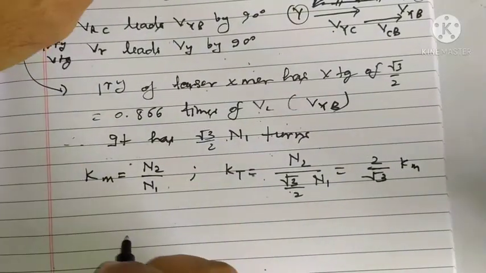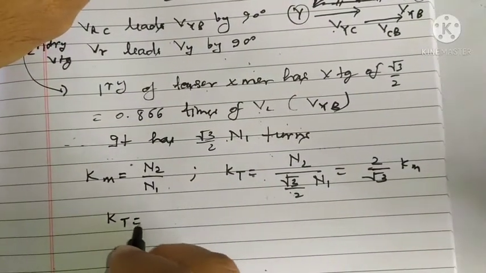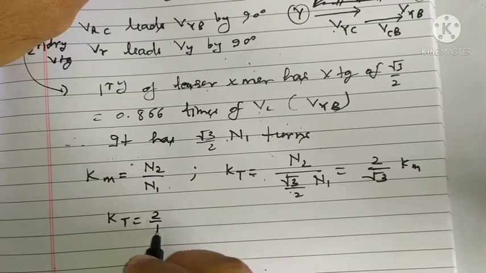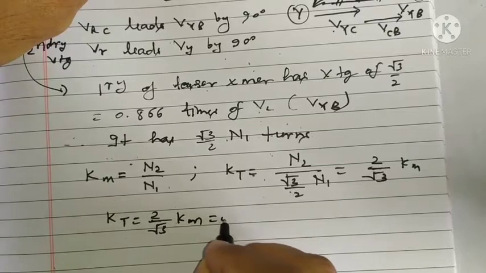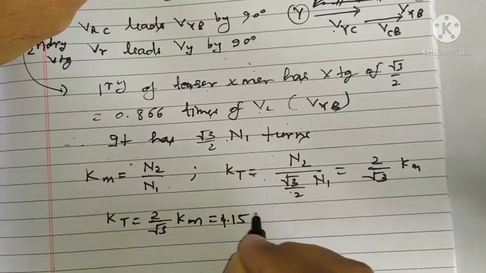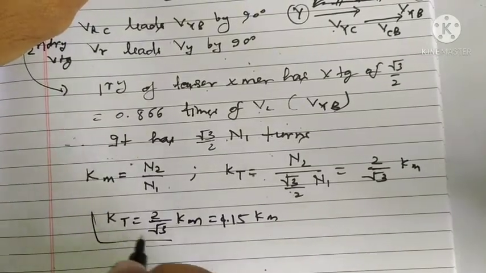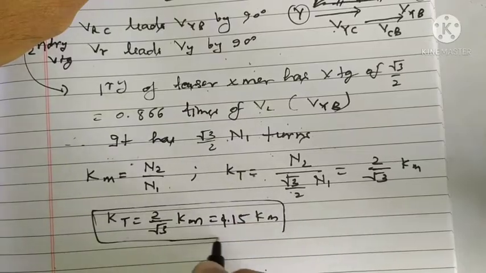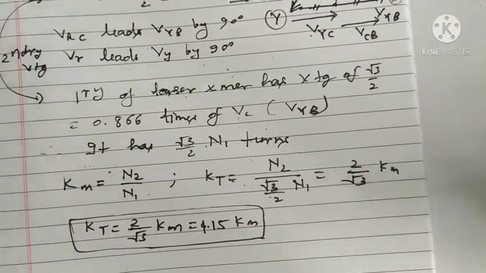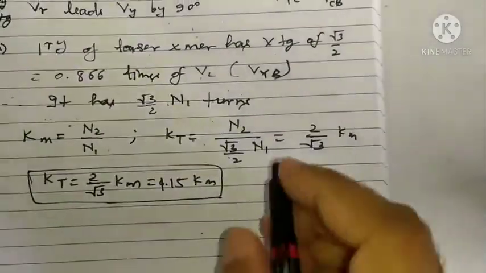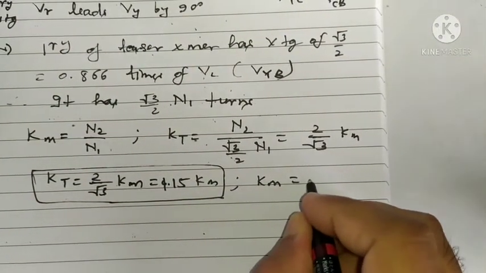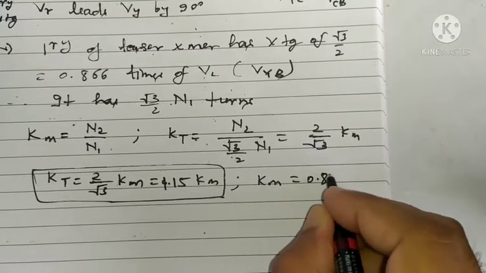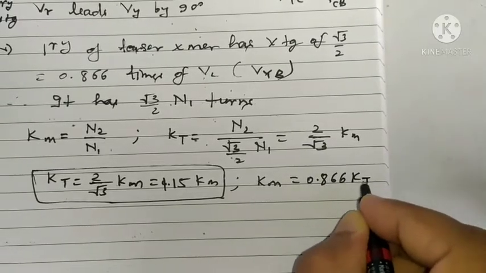So what we got: Kt is 2 by root 3 times Km, that is 1.15 Km. Right, so the relation between the ratios of both transformers will be like this. For MCQ, Km you can directly write as 0.866 Kt.